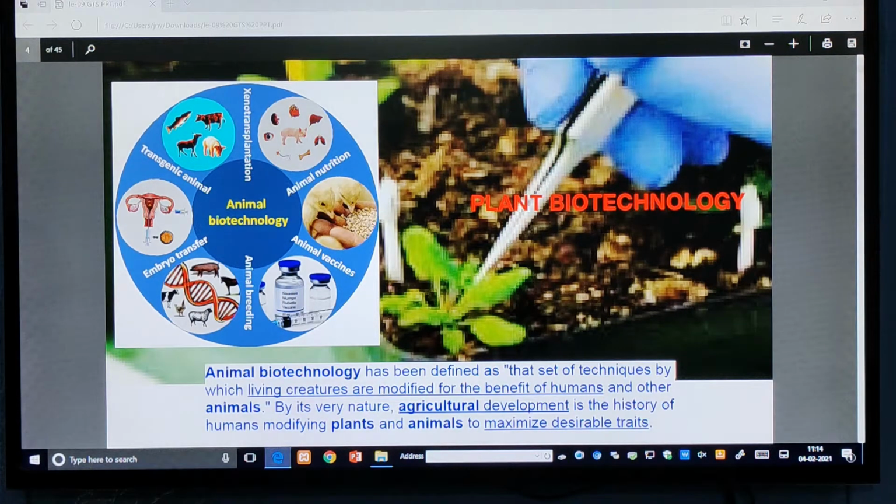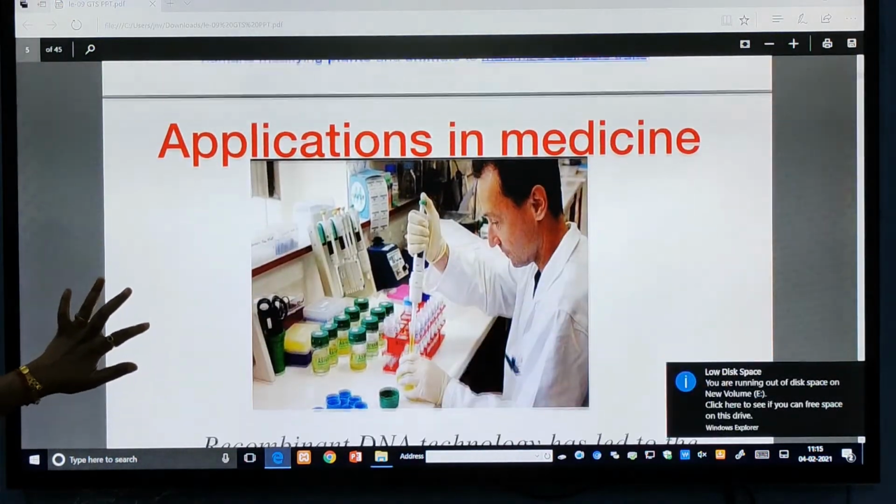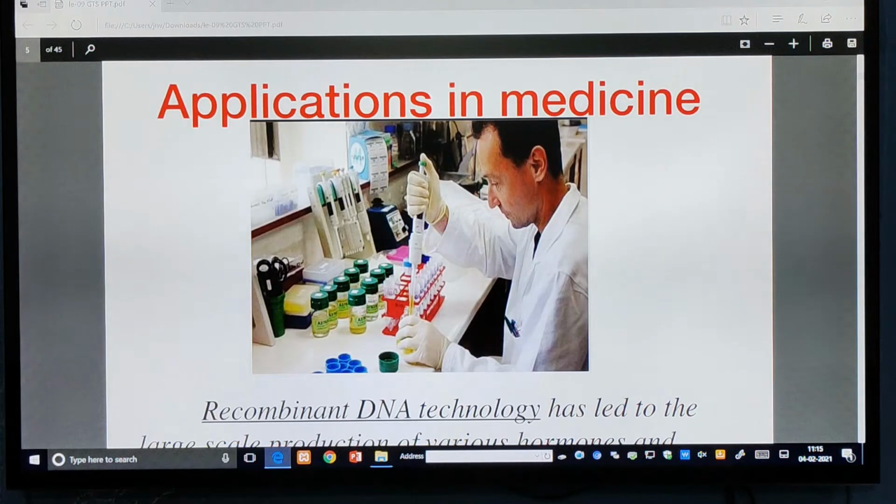Plant biotechnology is nothing but agricultural development. Everything is for humans, modifying plants and animals with desirable traits. All these are the fundamentals you should learn. Only then you can enter into this lesson to study the rest of the topics.